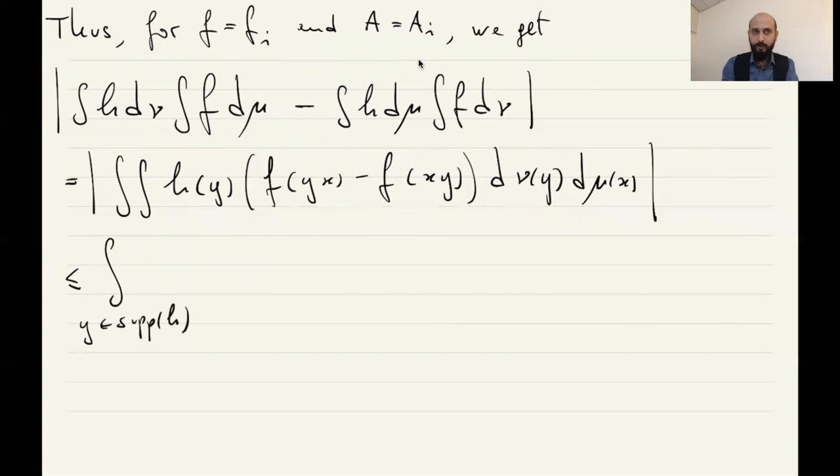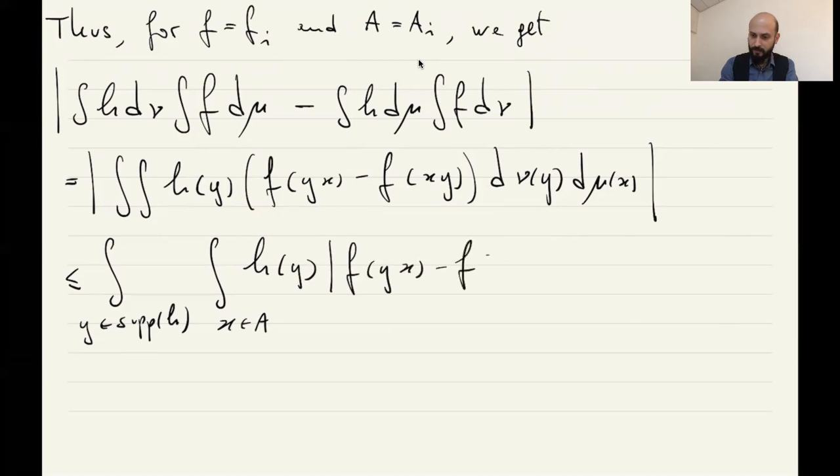But now on the support of h, we know that h was inside this set v0, so this function has support in the set a. So this was the integral where now we have x in a, of h of y times f of yx minus f of xy, d nu y, d nu x.